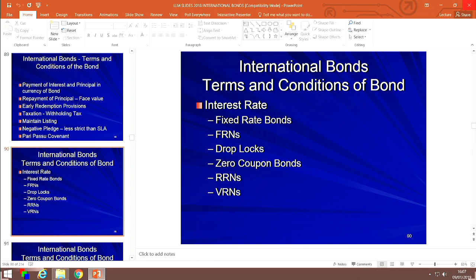So there's an added element of interest, or return, I should use the word, to the interest payable by reference to LIBOR. So the actual interest payable varies, not just dependent on LIBOR, but some other factor.